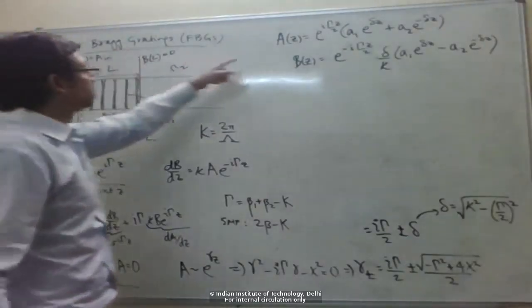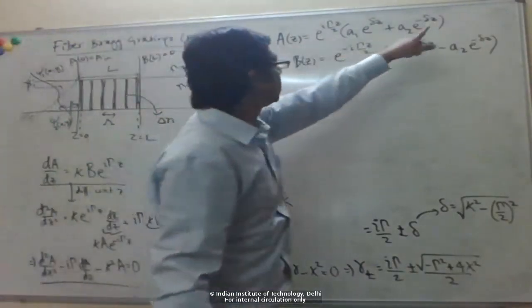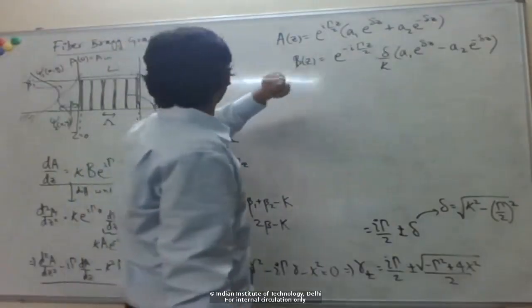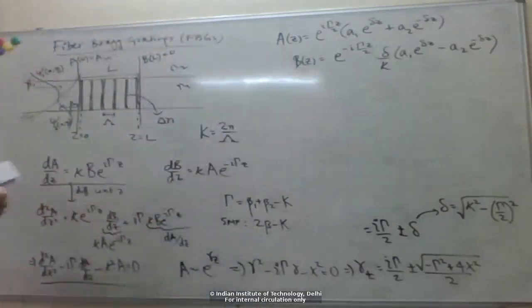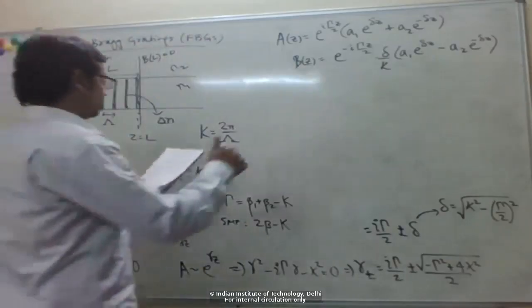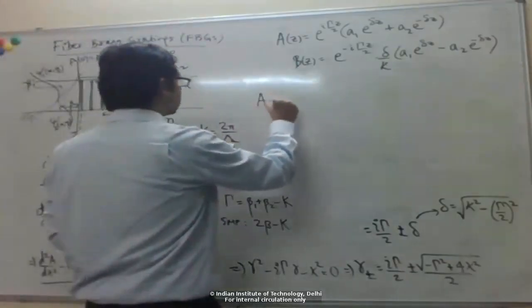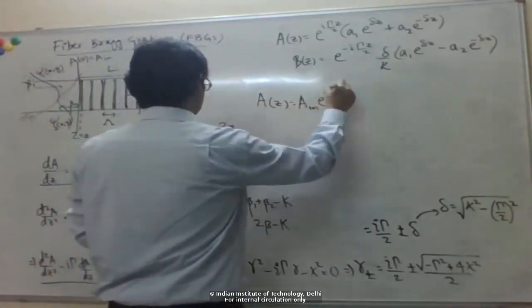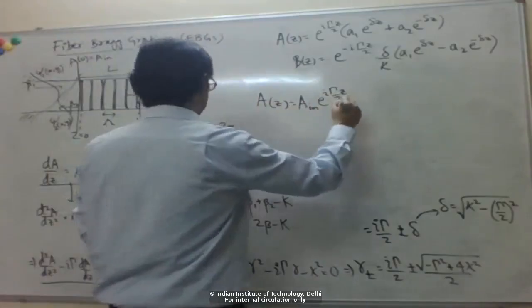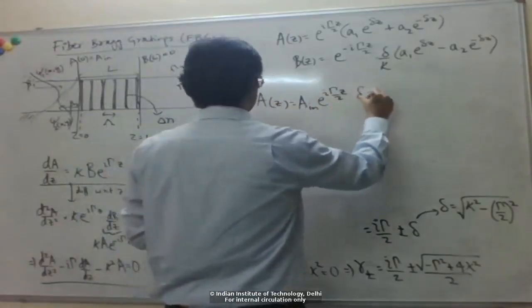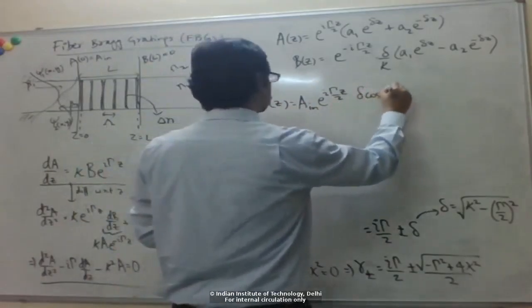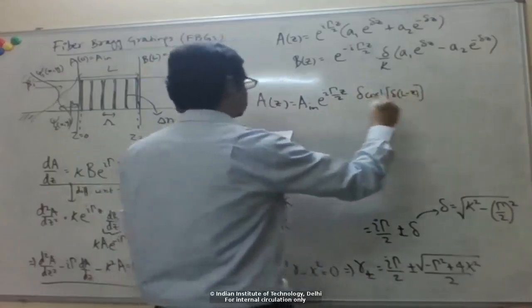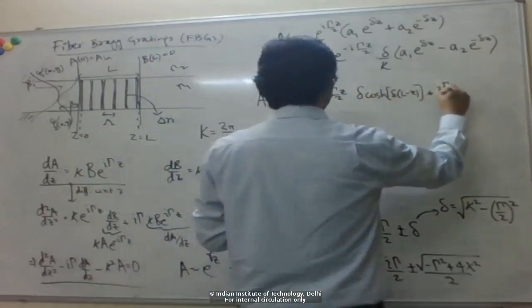Okay, so we can just put z equal to 0 here and equate that to some input amplitude A in, and then here we put z equal to L and equate to 0. If we solve those equations, we can get expressions for A1 and A2. Check for yourself at home that you get these expressions.